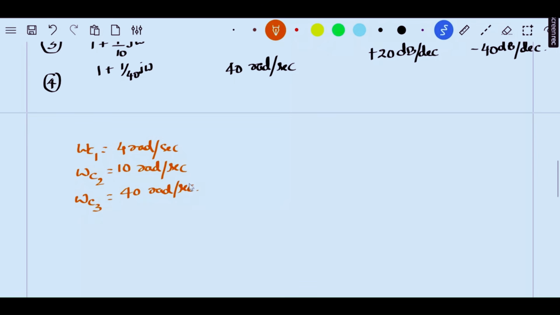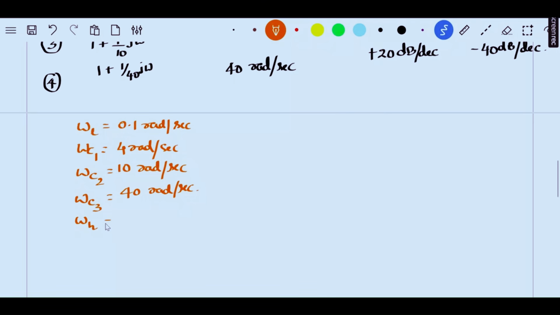Now in this step, we are going to define two more corner frequencies. One is the lower corner frequency before omega C1, and the other one is the higher corner frequency, which is after omega C3. Normally, the lower corner frequency, keep that in mind, we always assume to be equal to 0.1 radians per second. You take any problem, the lower corner frequency is always 0.1 radians per second.